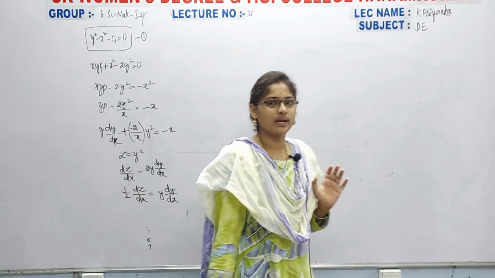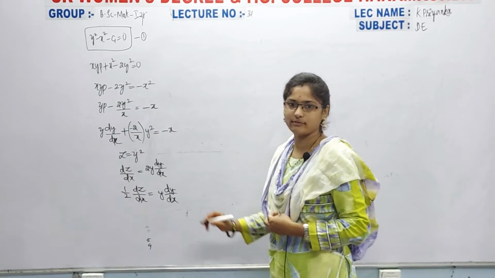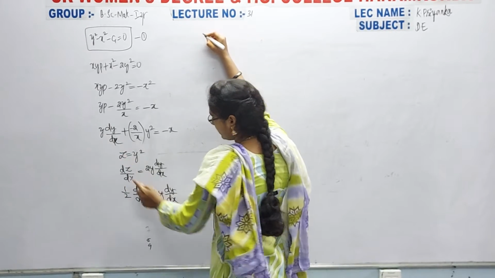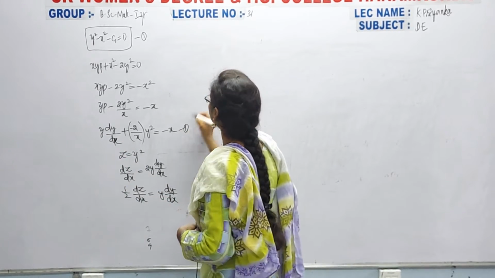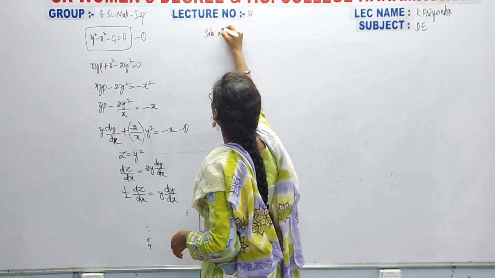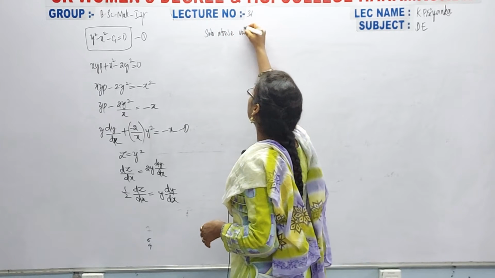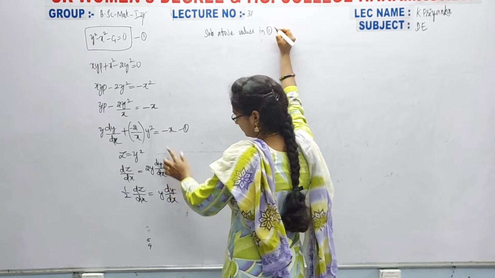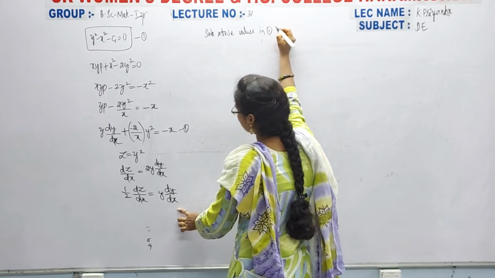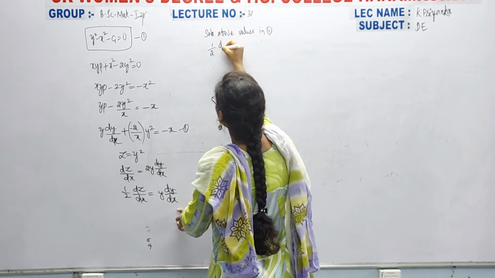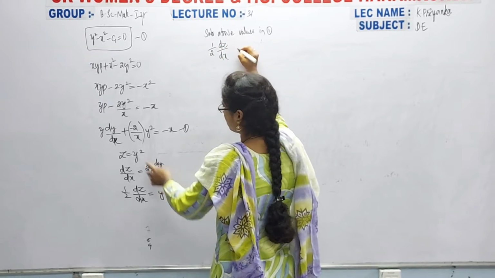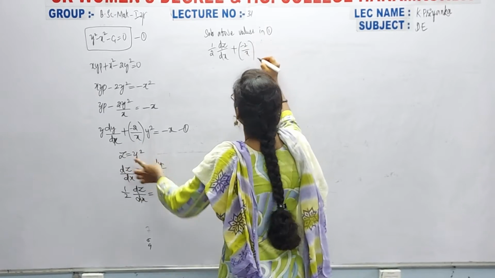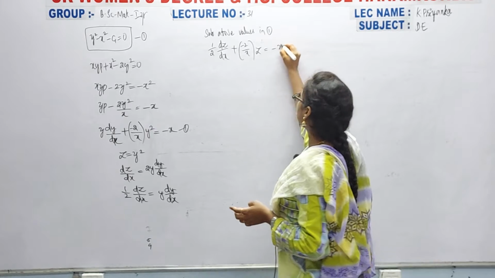Now what we have to do is simply substitute the required values. Now substitute the above values in equation 1. Then y into dy by dx means 1 by 2 into dz by dx plus minus 2 by x into y square, which is z, equal to minus x.